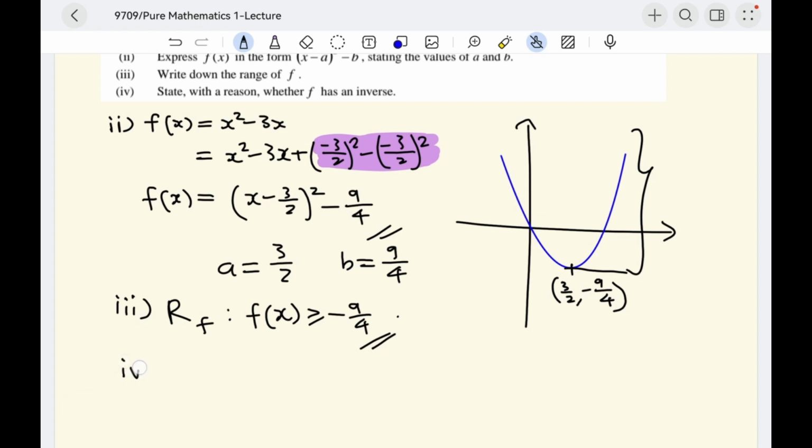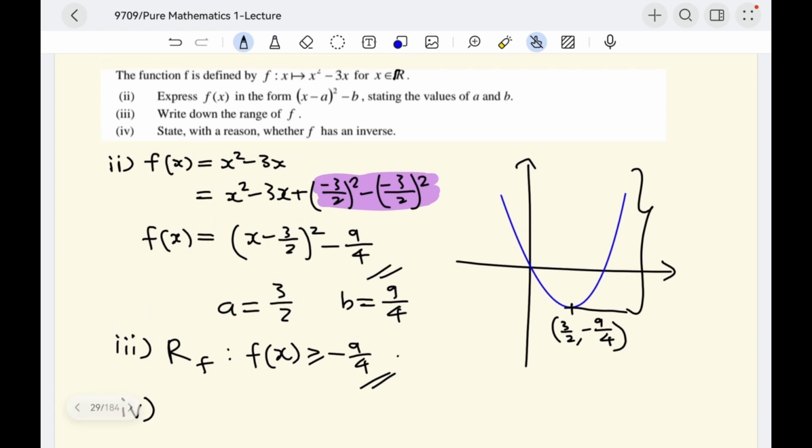So take a look at the fourth question. State with a reason whether f has an inverse. So the question wants you to determine whether the function f has an inverse or not.